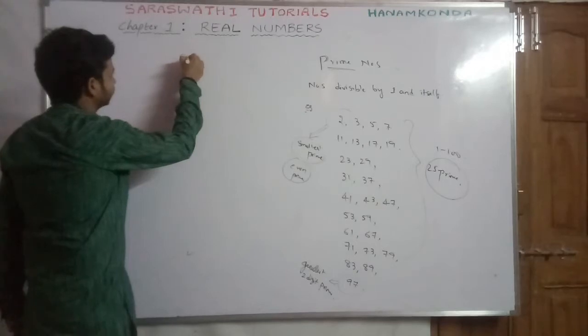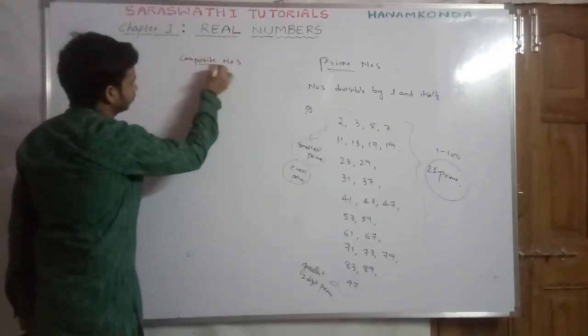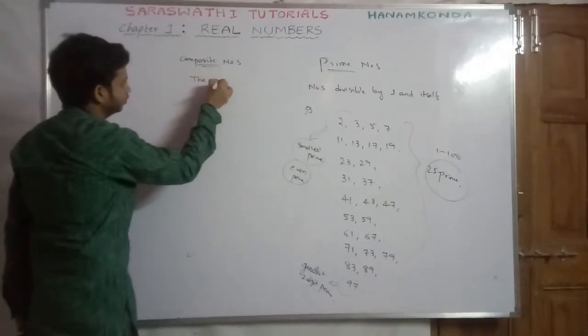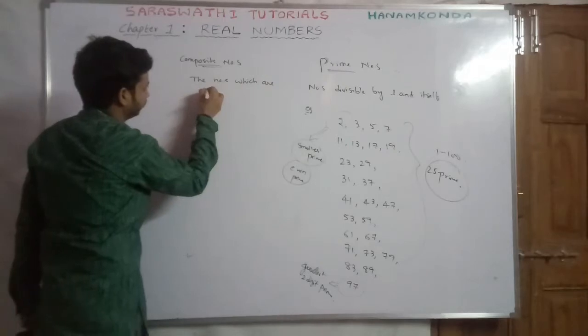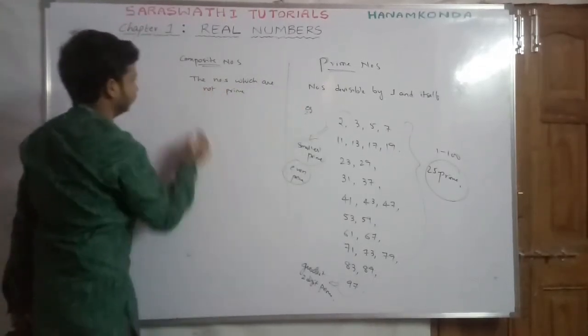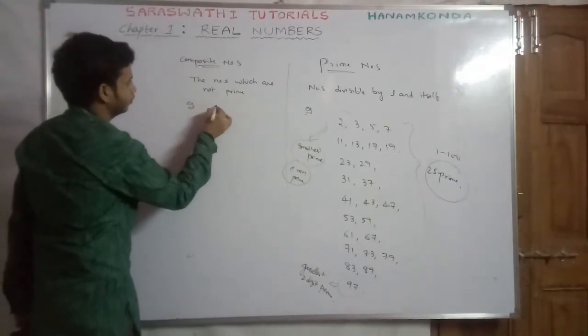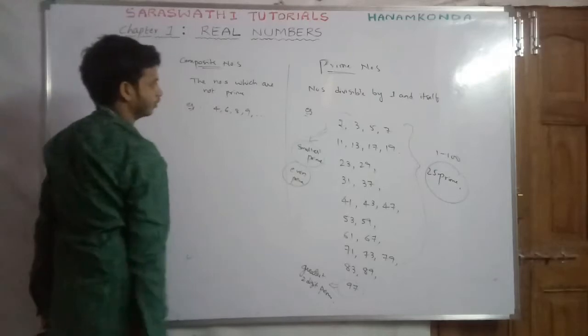So composite numbers: the numbers which are not prime, those numbers are said to be the composite numbers. So for example, 4, 6, 8, 9, and so on.